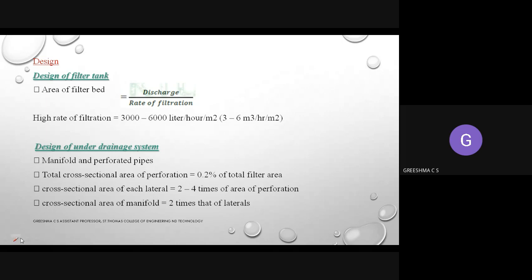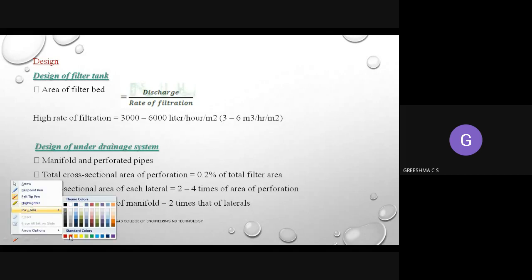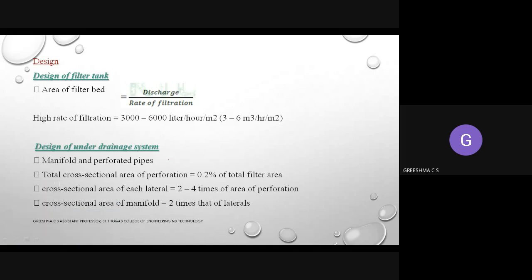So this is the bottom portion of the tank. This is the manifold and these are the laterals, which will be at the bottom portion.